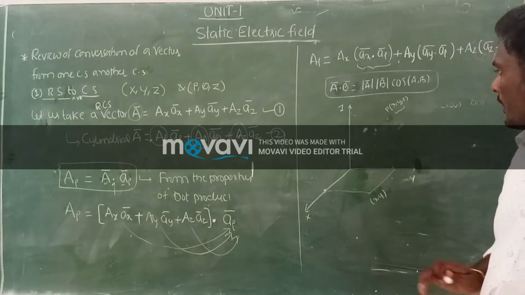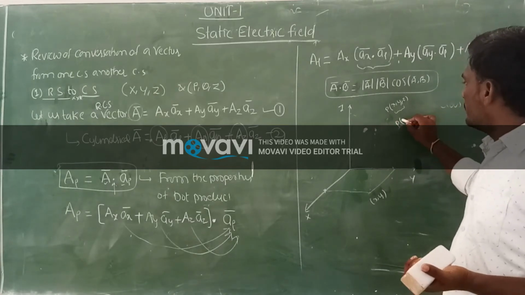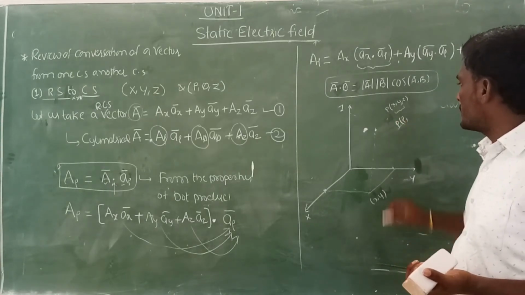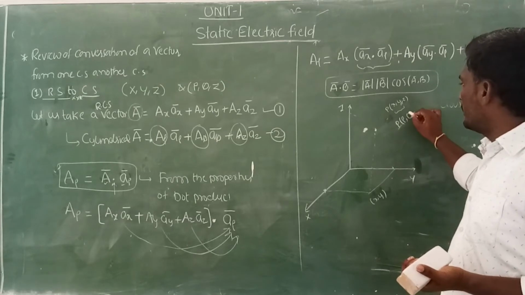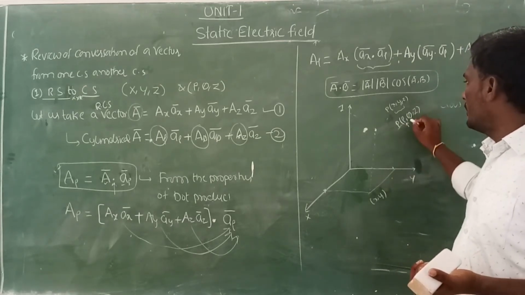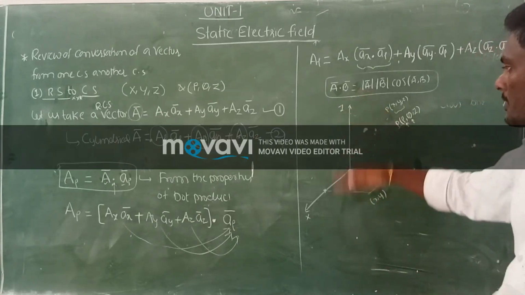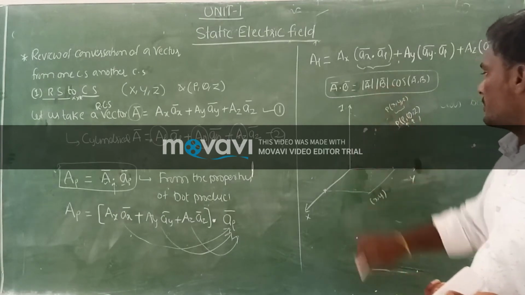Now represent the same point in the cylindrical coordinate system. The axes used are rho, phi, z, where rho is the radius of the cylinder, phi is the angle made from the xz plane, and z is the z axis units distance.